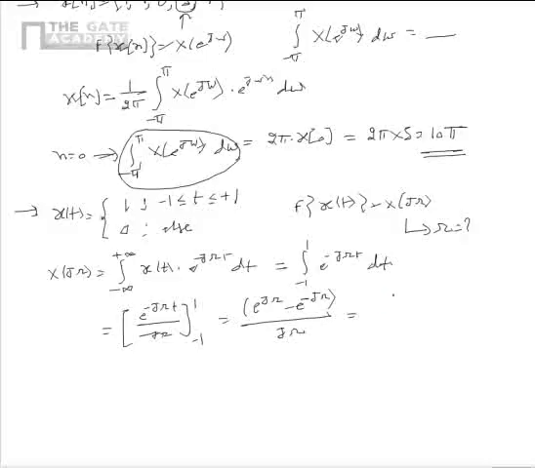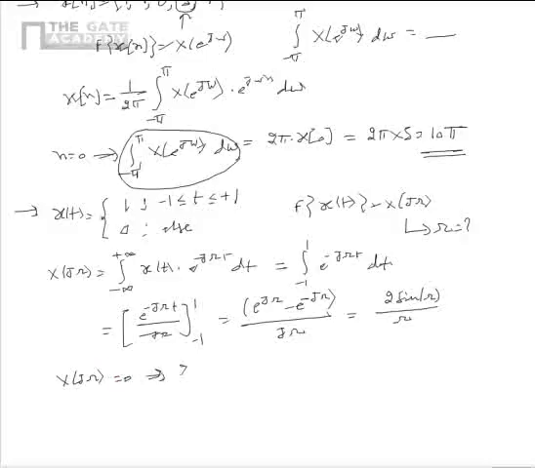So this can be written as 2 sine omega divided by omega. This is because sine t is equal to e power jt minus e power minus jt divided by 2j.